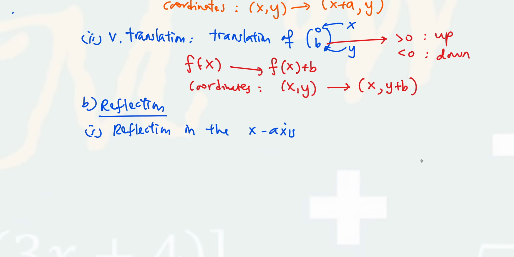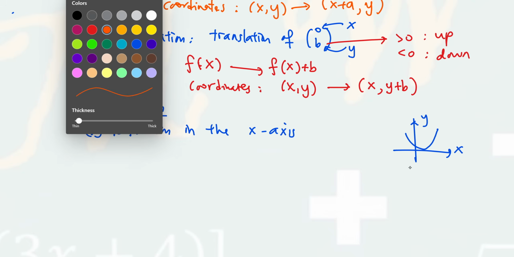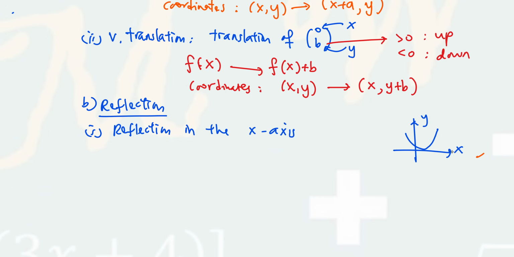So when in the x-axis, let's say for example, this is your x and y axis. Let's say this is your graph, a quadratic curve. When it is reflection in the x-axis, that means your x-axis is the mirror. The blue color is the object, and the orange color is the image. This is the effect on the y values, because all your y instead of positive now becomes negative.